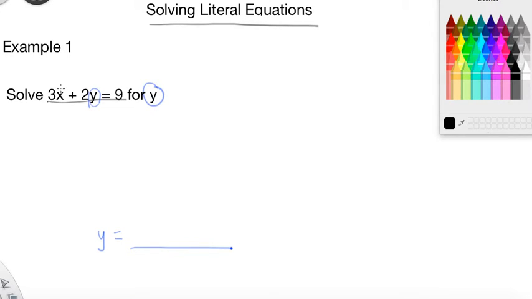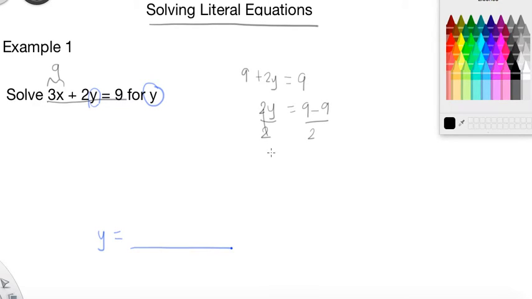Now, really, this is just the same as solving a normal equation, right? Let's say if x were 3, then this 3 times x would be equal to 9. So, for example, if I were solving 9 plus 2y equals 9, I would subtract 9 from both sides, so I would get 2y equals 9 minus 9, and then I would take that whole answer and divide it by 2.